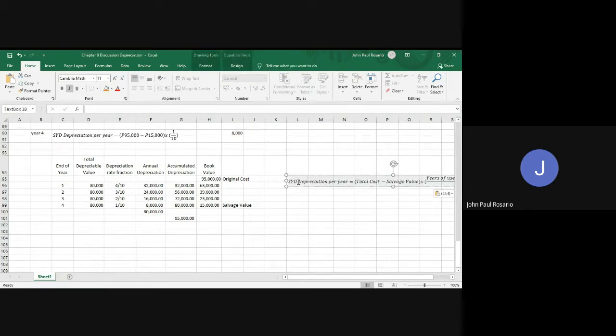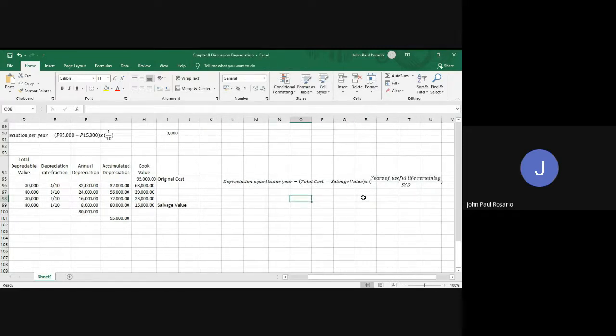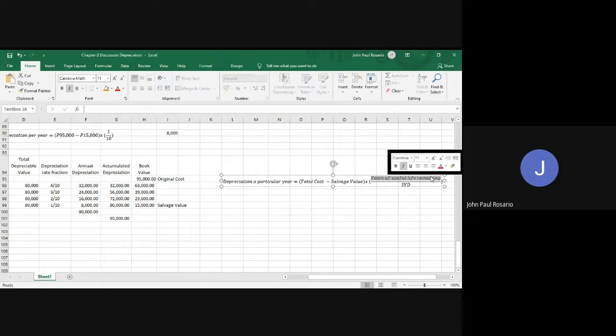Depreciation at a particular period: total cost minus salvage value times the SYD fraction, remaining useful life over the sum of the years' digits.